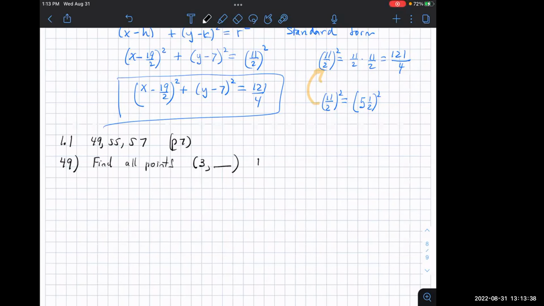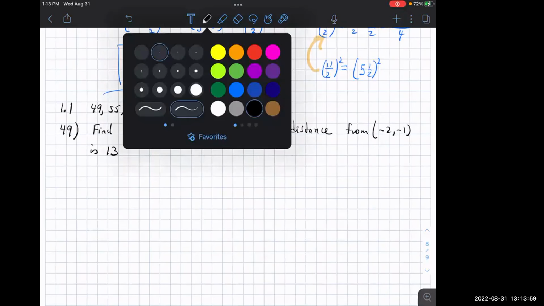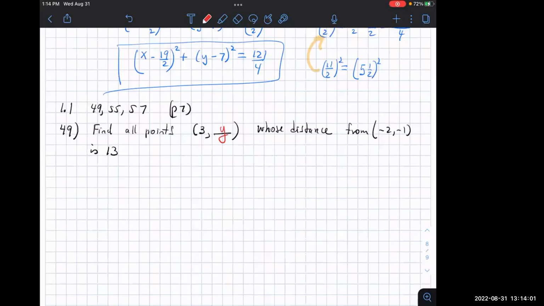Whose distance from (-2, -1) is 13. So basically find the y values that satisfy that condition, right?